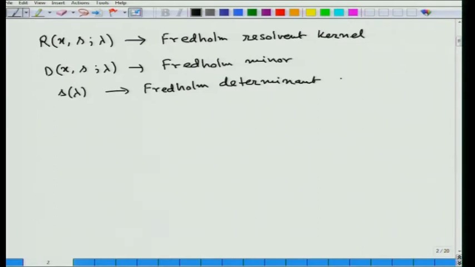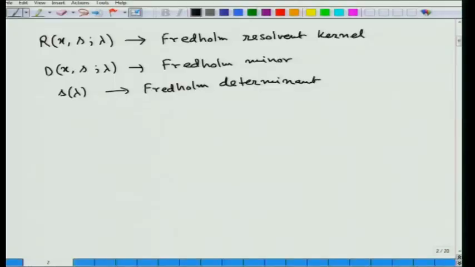Now we have to define this Fredholm minor and Fredholm determinant such that we can evaluate the Fredholm resolvent kernel, which in turn gives us the solution for the Fredholm integral equation.